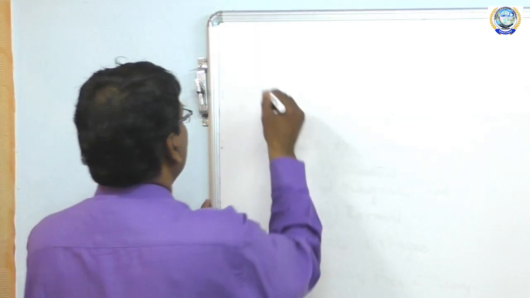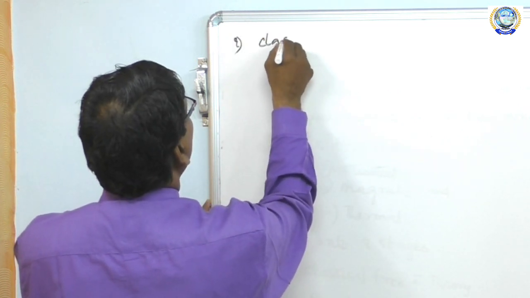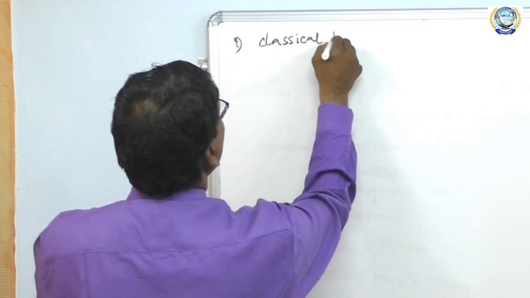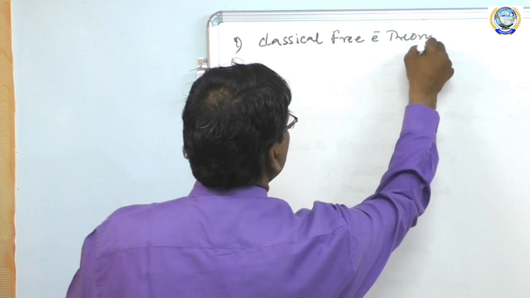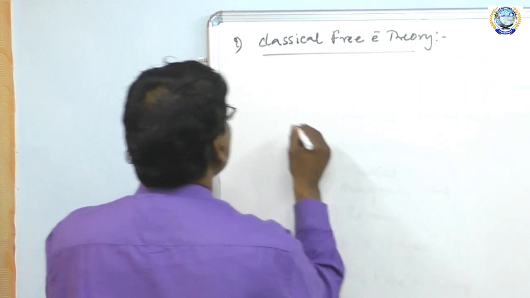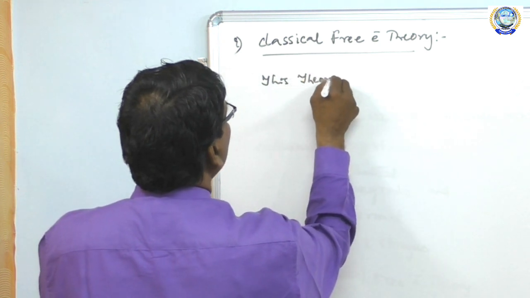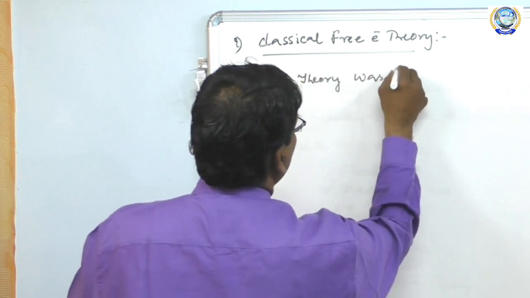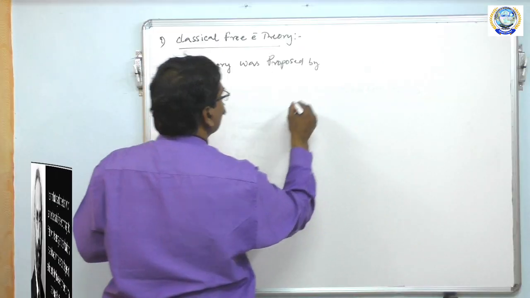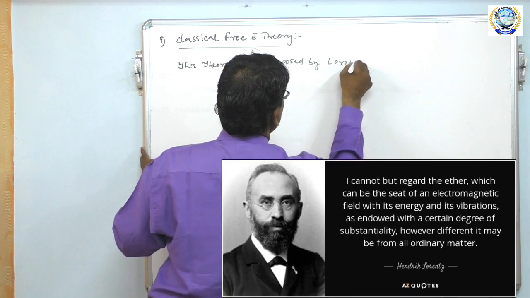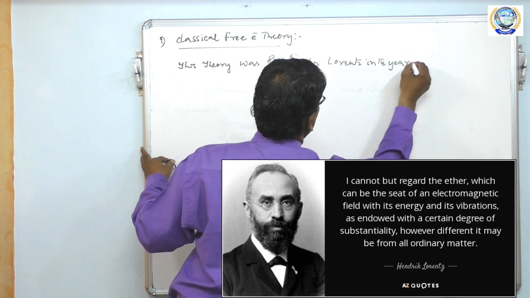The first theory is classical free electron theory. Let us see this first of all. This theory was proposed by Lorentz in the year 1900.